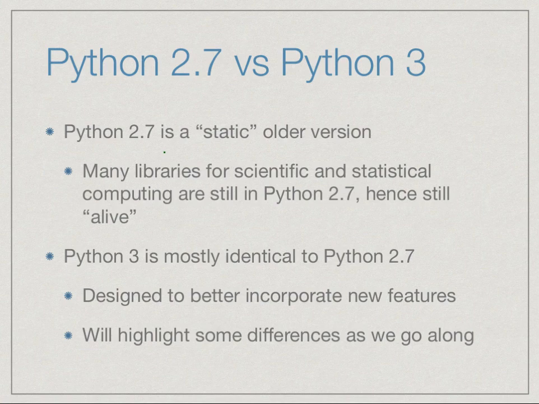But as often happens, a lot of people had already been using Python, and Python 2.7 has a lot of software written using that version. In particular, a lot of software that people find convenient to use, such as scientific and statistical libraries of functions where they don't have to write it themselves but just invoke these libraries, are still written using Python 2.7.